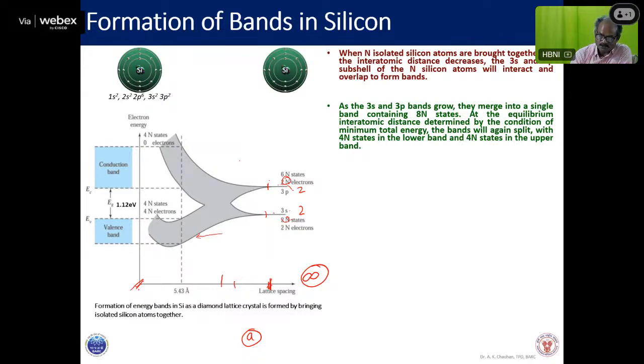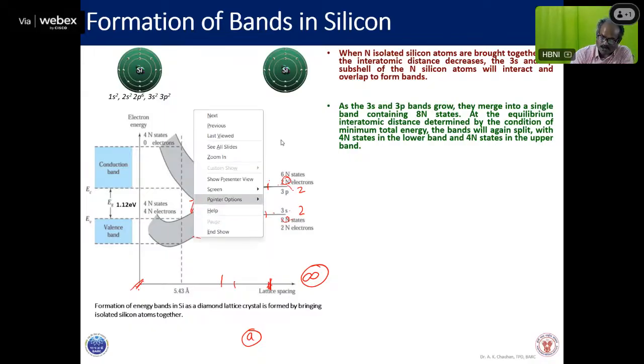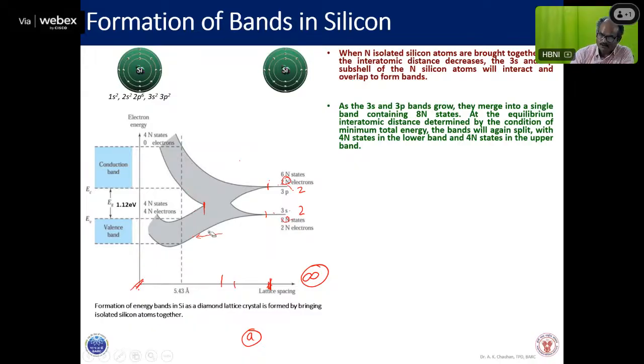If we reduce the distance between these atoms, after this particular spacing, this further splits into two different bands. Now there are only 4n states here, and 4n states here. These electrons will occupy the lower one, because every electron tries to occupy the lowest possible energy level if it is allowed.